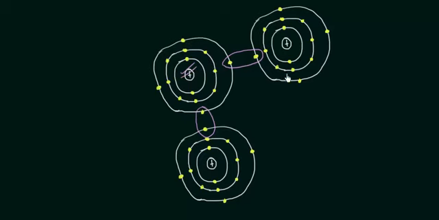We don't have to see for these 2 atoms. We will try to have 8 electrons in the outermost orbit of this atom only for now. And you can see we have 1, 2, 3. This electron is shared. 4, 5, 6. Okay, so we have 6 electrons.